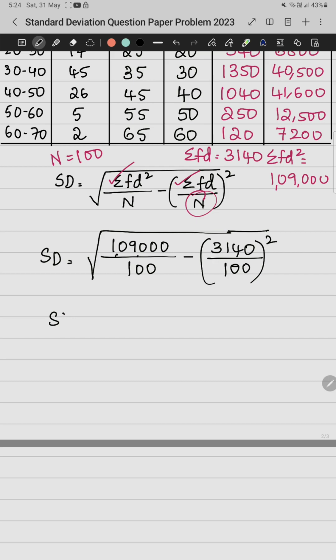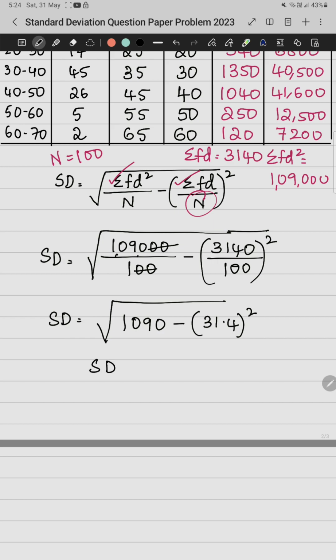So standard deviation is equal to, cutting off the zeros in numerator and denominator, I am left with 1090 minus 3140 divided by 100, which gives 31.4 whole square.